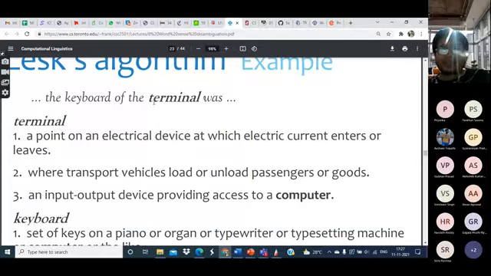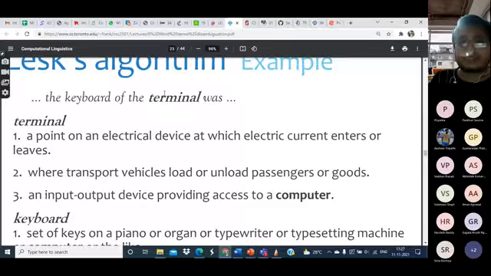The question is, in this particular case, which sense is being used? As a human being, if we are given this sentence, we will immediately say that the third one is being used. The reason is the presence of the word keyboard in the surrounding. So this is the target word, and we are talking about context. Context is the surrounding words.